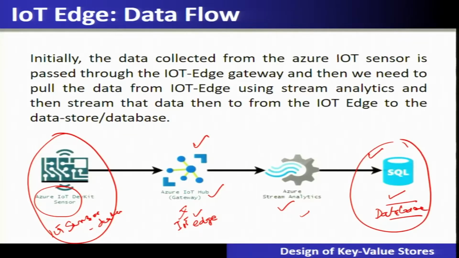So, cloud and edge, both offerings are there, and they are used in stream analytics, and finally this data will be stored into the database, whether this database is at the edge or at the cloud, depending upon the situation. We will discuss in more detail how different technologies provide this kind of sensor data storage.